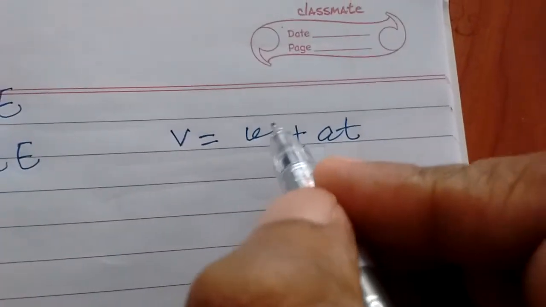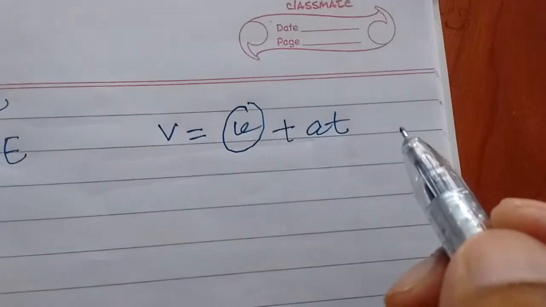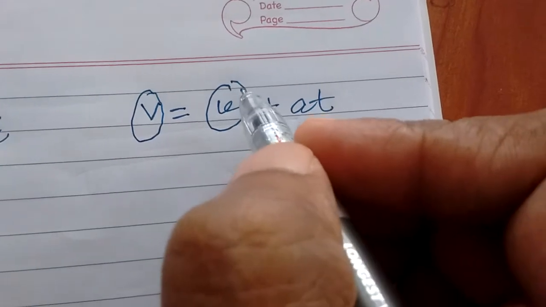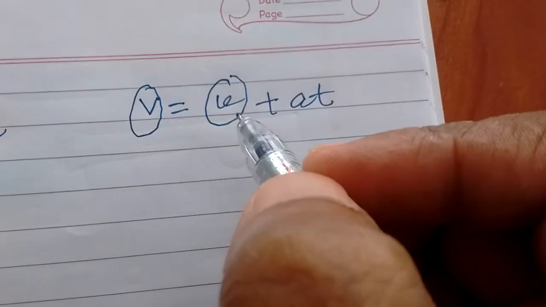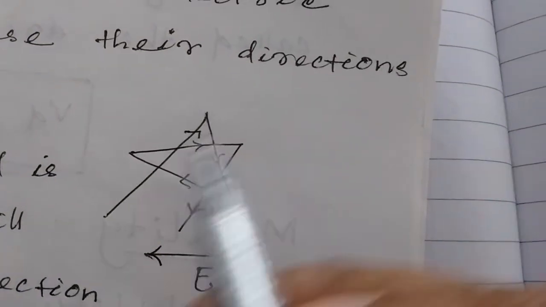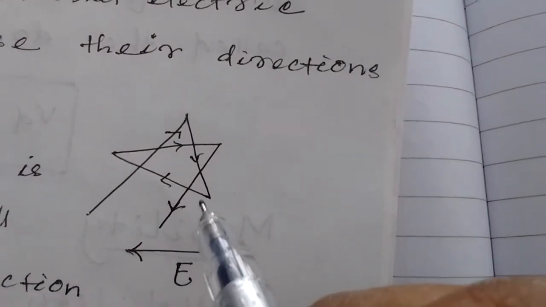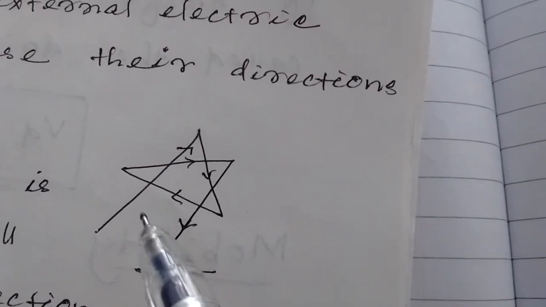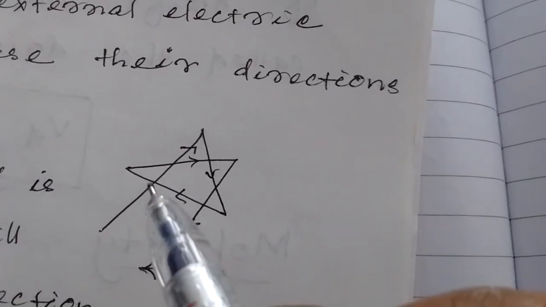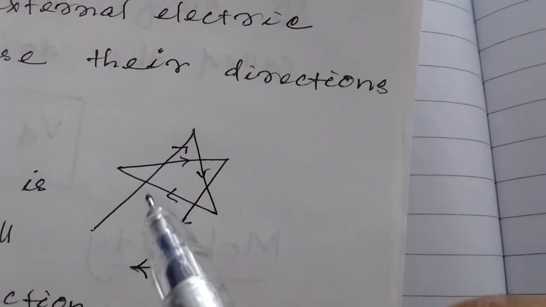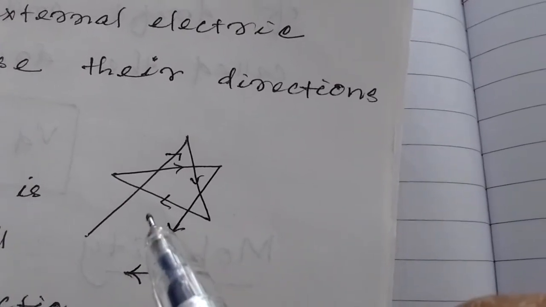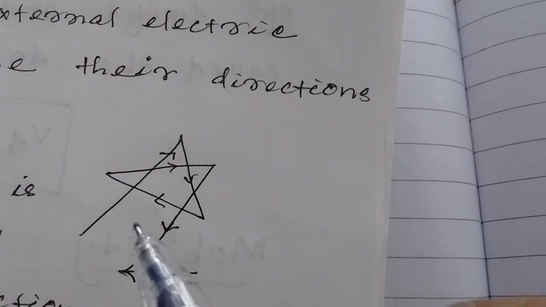Now what about this u? Finally, of course, one velocity will be there, but initially there was one velocity. Then what is that u? You can see here, the electron is randomly moving here and there. That means it is not having a definite u. In other words, the value of u, that is the average initial velocity, will be 0, because it is not having any definite magnitude nor any definite direction.